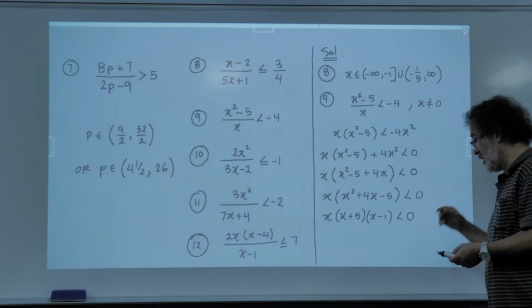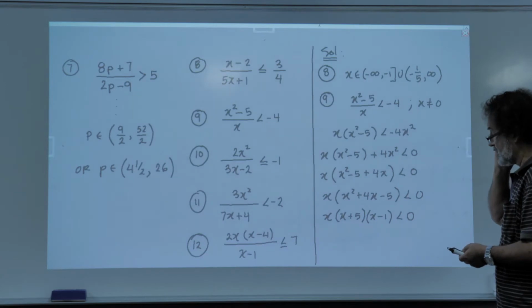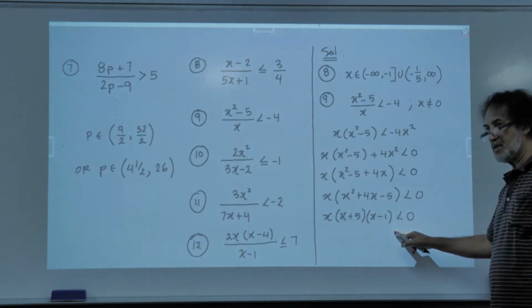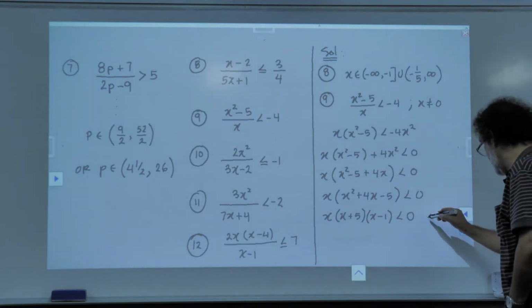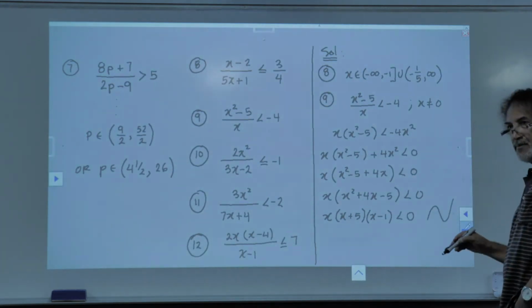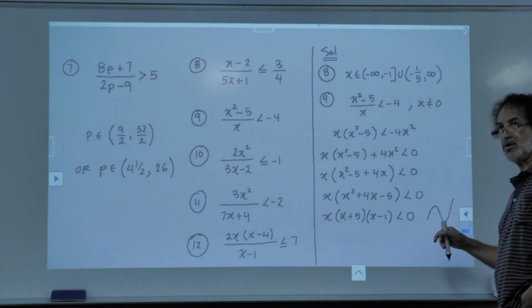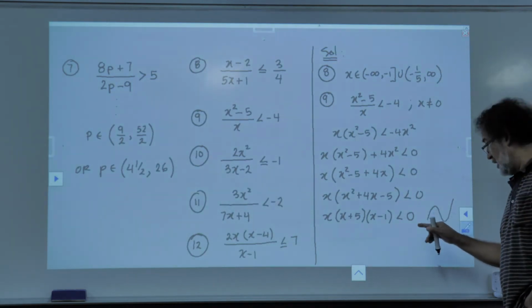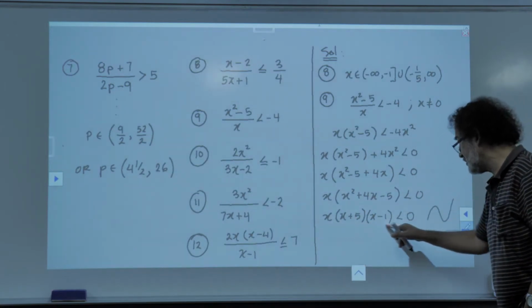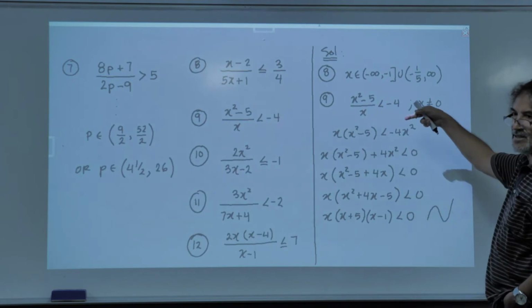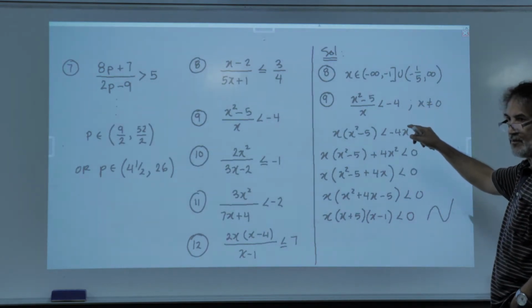When you do that topic, you'll learn that if you sketch it, you get a picture that looks something like that. That is a cubic polynomial. To find the solution, we draw this picture and do exactly the same as we did with the parabola.